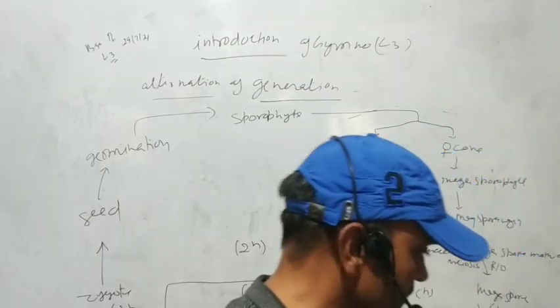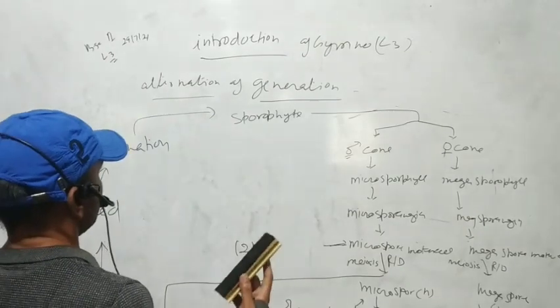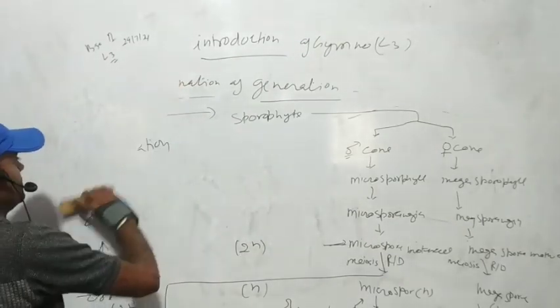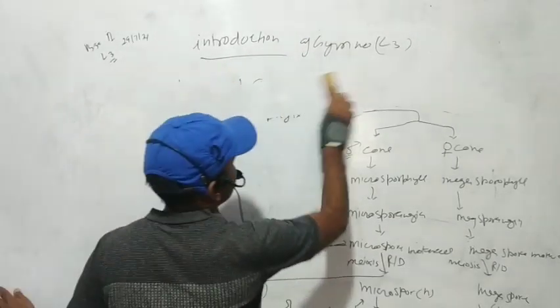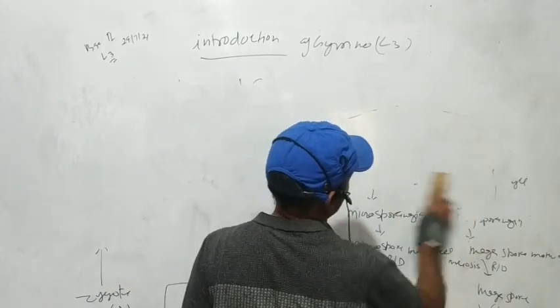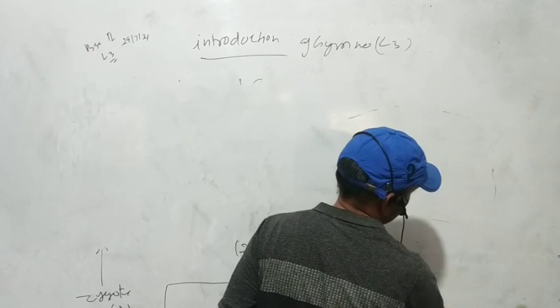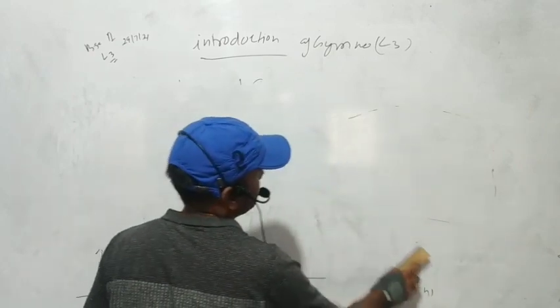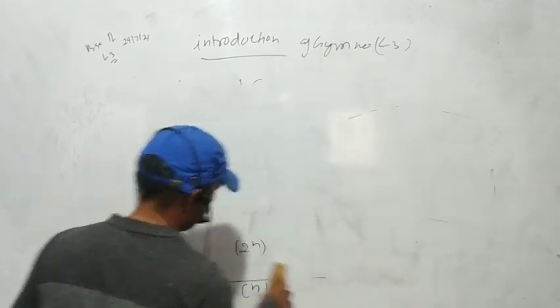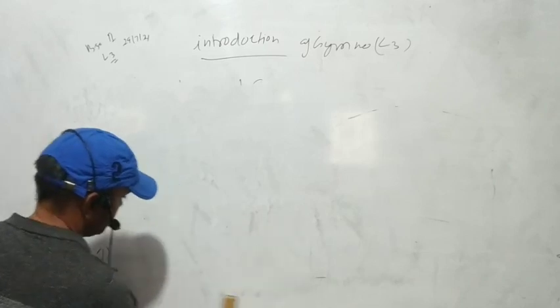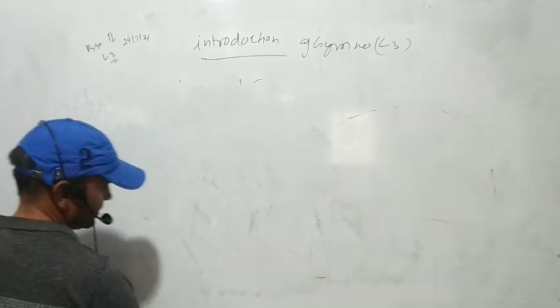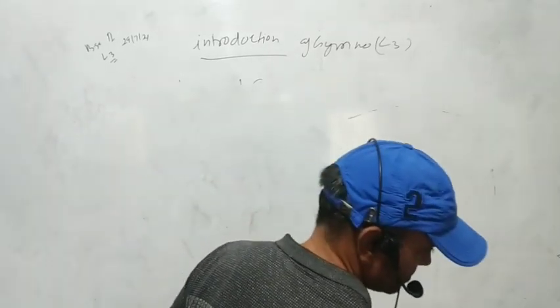Now the next point is similarities and dissimilarities with the other groups of plants. Here we will tell you about the similarity and dissimilarity.